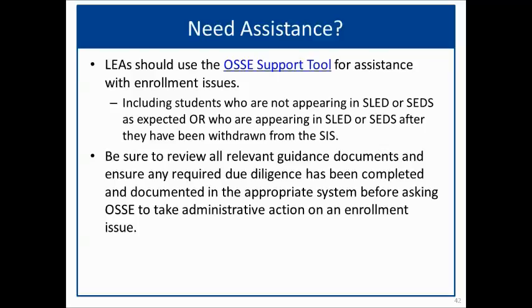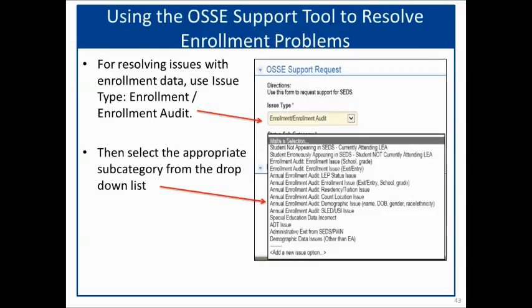But please be sure to review all the relevant guidance documents and ensure that any due diligence has been completed and documented in the appropriate systems before you reach out to OSSE to ask that we take administrative action on an enrollment issue. So any of the previous scenarios that we've discussed earlier in this presentation where documentation needs to be provided, we would want to see that that has happened before we step in to take that action.